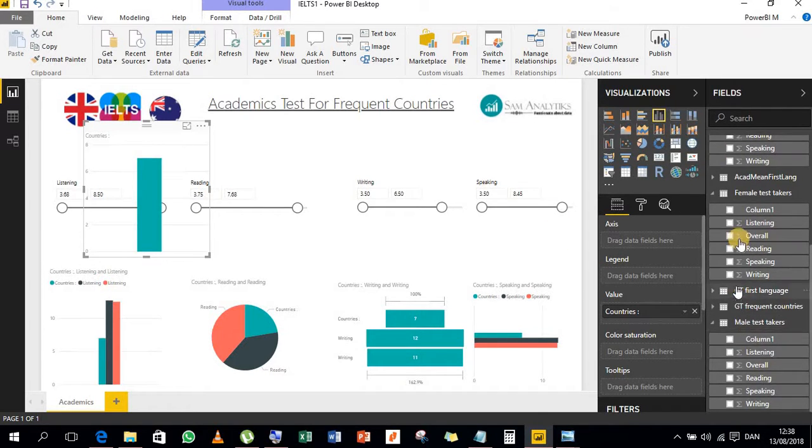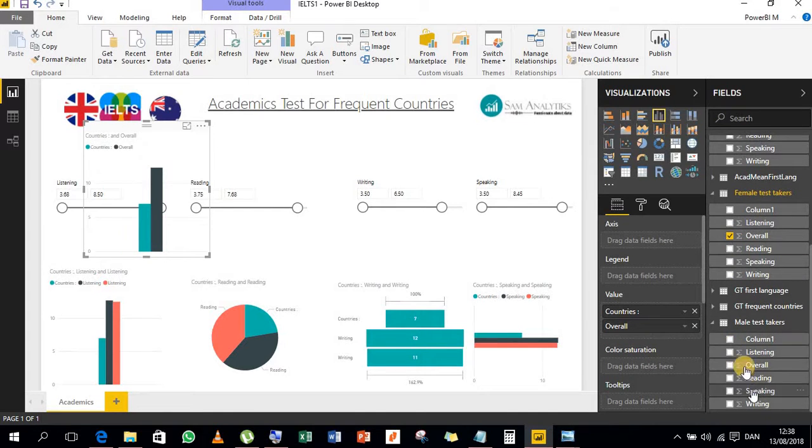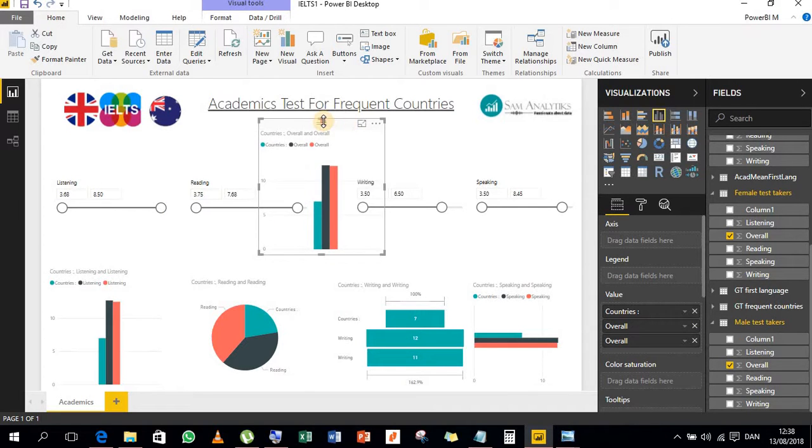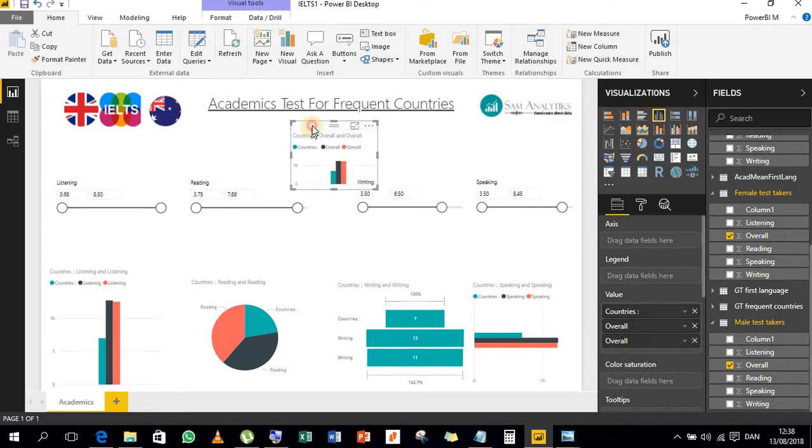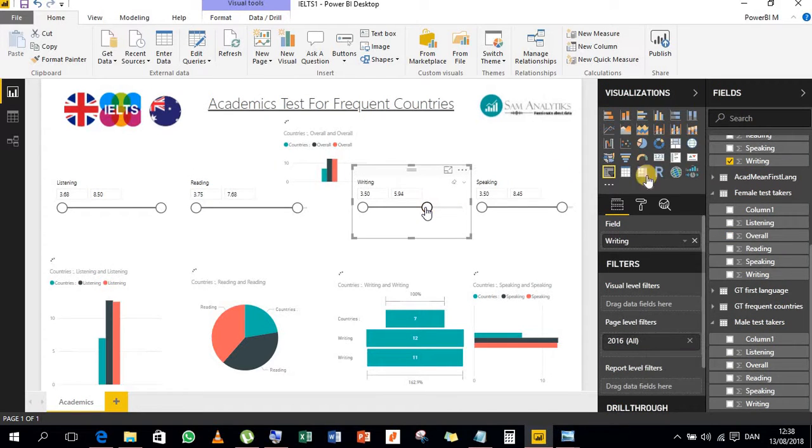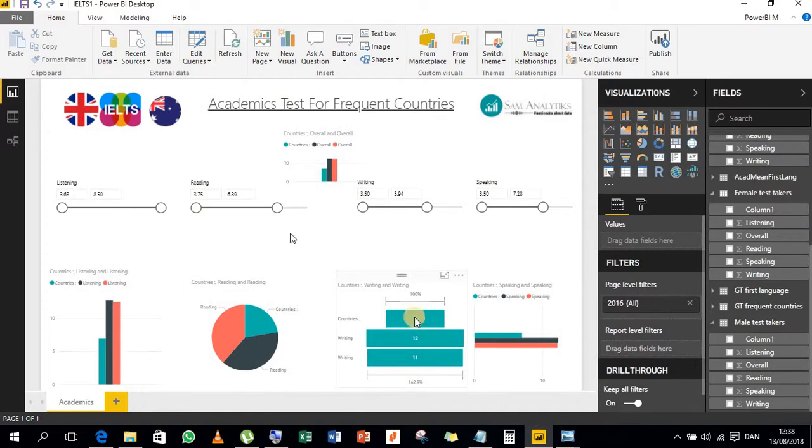Along with that, I'll take the female test takers as overall and the male test takers as overall, and they are having the same graph or the same bar chart, which shows quite a linearity in the equation. So even if I move any of this part, I can get a value sizable into the position, and I can understand the data is working quite perfectly well for all these parts. So this is one of my observations for the academic tests for frequent countries.